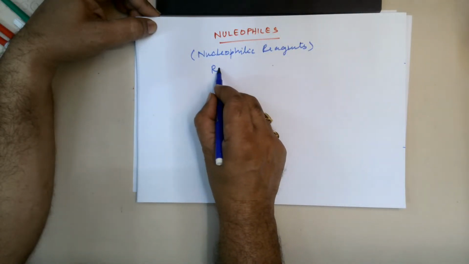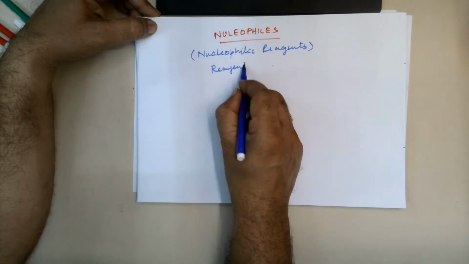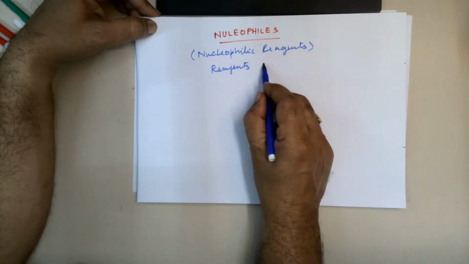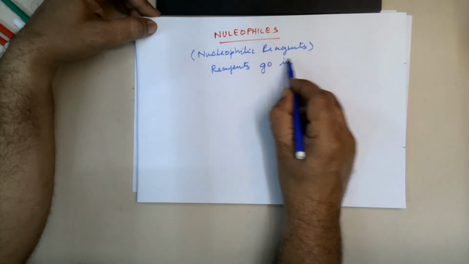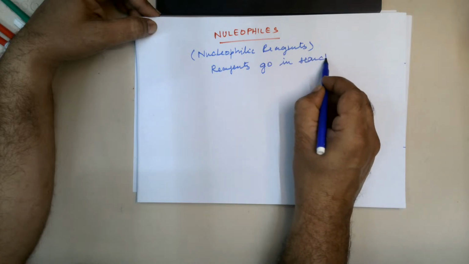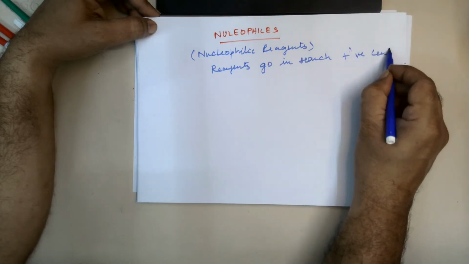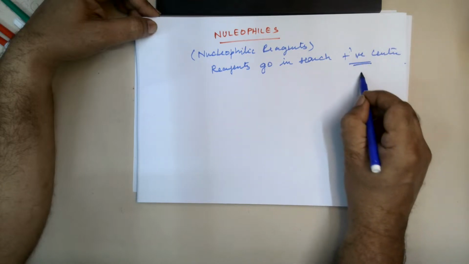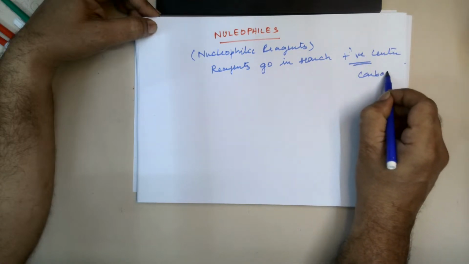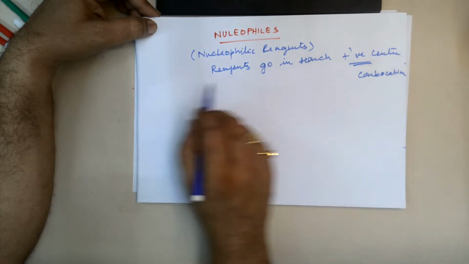So reagents go in search of a positive center. A positive center means this is a carbocation, that is carbonium ion.